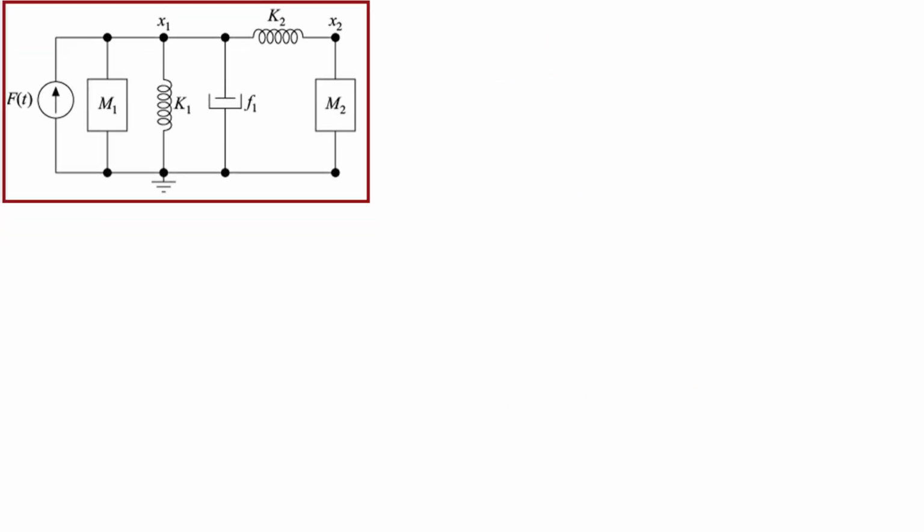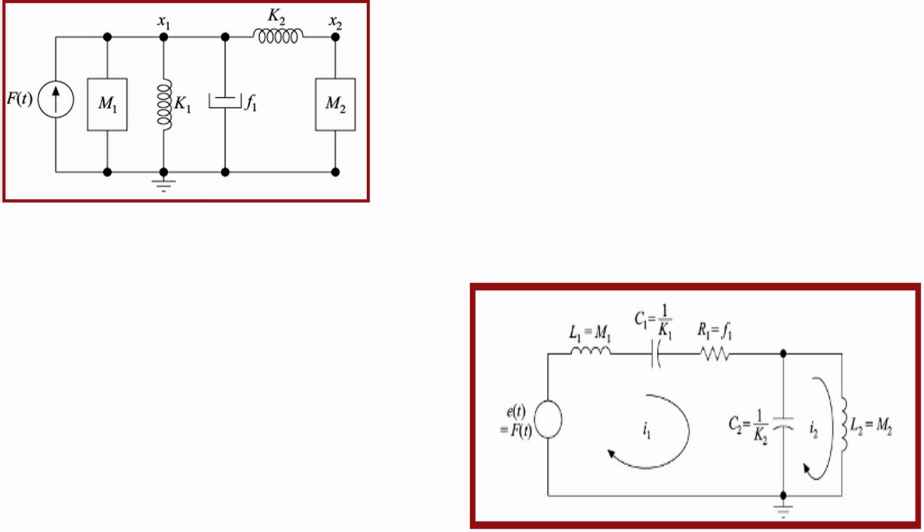Next, I am going to explain the force voltage analogy. For the force voltage analogy, we have to apply a series circuit. Force is equivalent to voltage, and L is equal to M, C is equal to 1 by K, then R is equal to f. That's all.